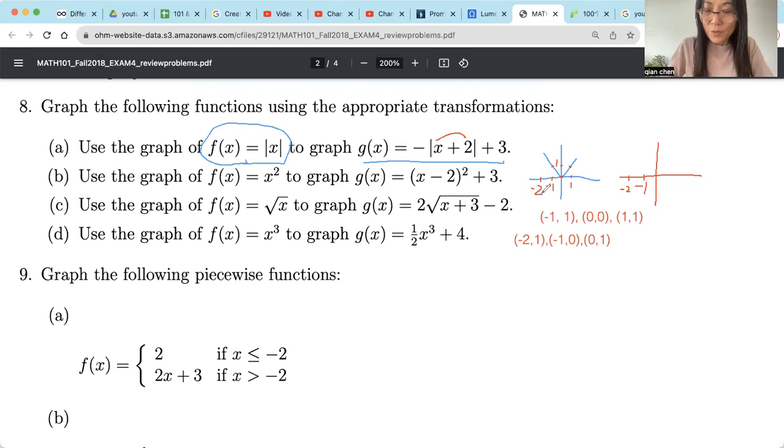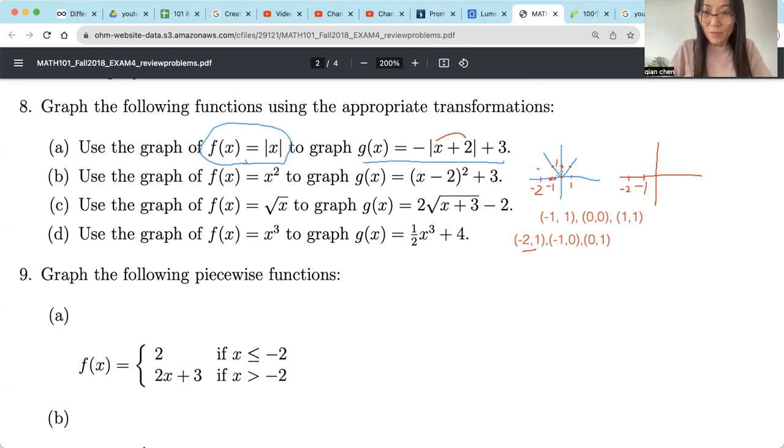For you, try to graph on different grids, okay? So -2, 1, that's this point. This point being moved to here, and the 0, 0 is being moved to here, and this point is being moved to here.